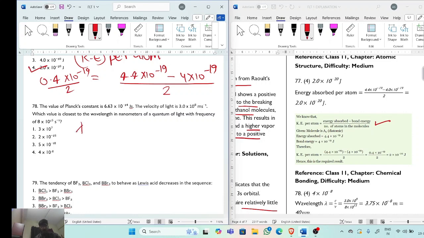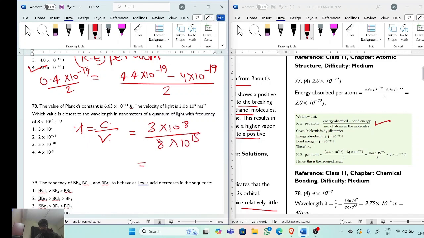So we know wavelength is equal to c divided by frequency. Okay, this is the wavelength. Lambda denotes wavelength, c denotes the velocity of light, and v denotes the frequency. Okay, so the velocity is 3 into 10 raised to the power of 8 meter per second divided by the frequency, and the frequency of light given is 8 into 10 raised to the power of 15.